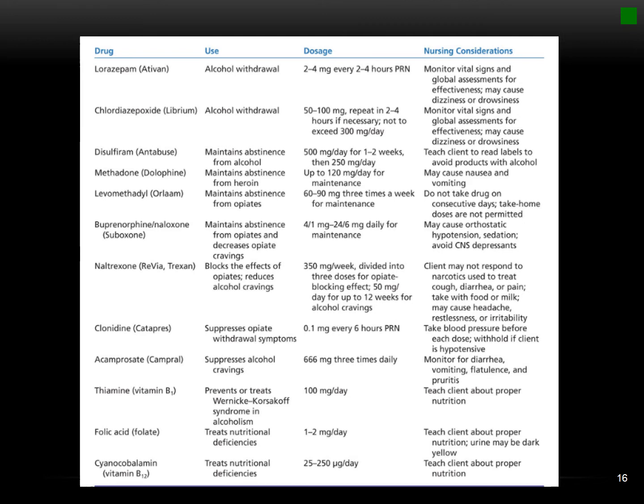Don't think I need to read the tables to you. Look at the nursing considerations, why I like this table a lot, for the use of these medications in the treatment of substance disorder. And please remember to refer back to this when you're looking at the treatments for opioids and for alcohol. You can pause the PowerPoint at any time, and you also have this slide on your non-voiceover one on Blackboard.